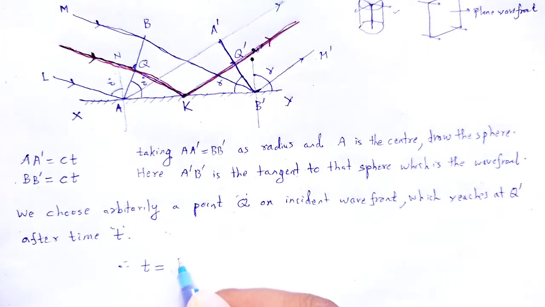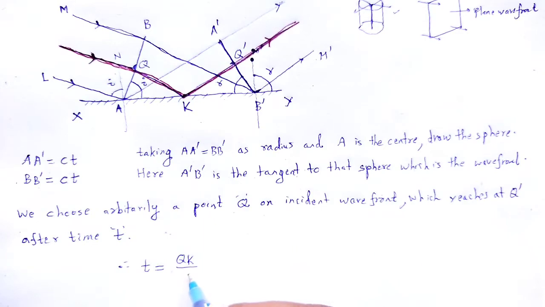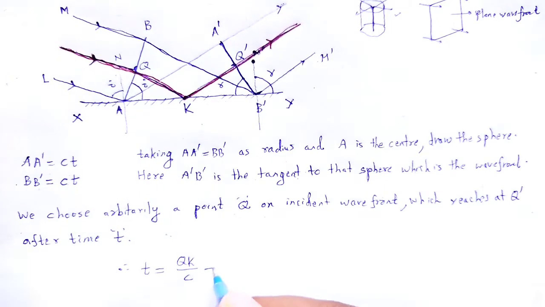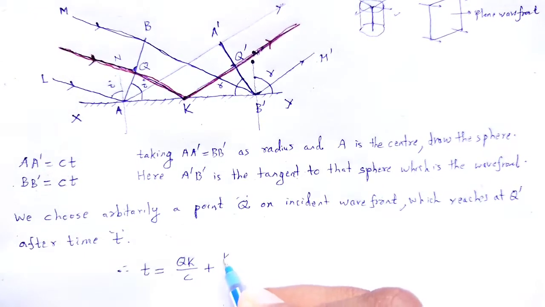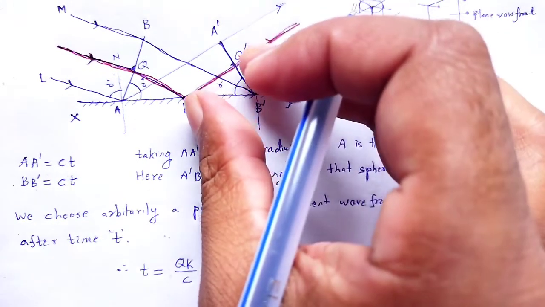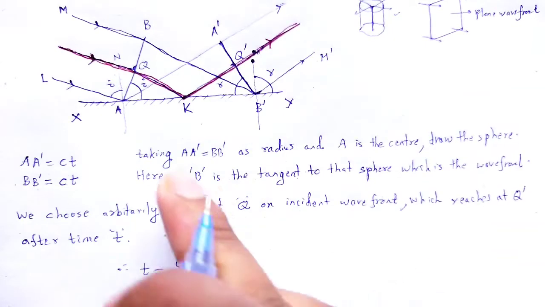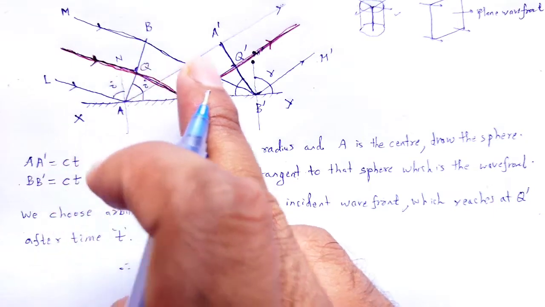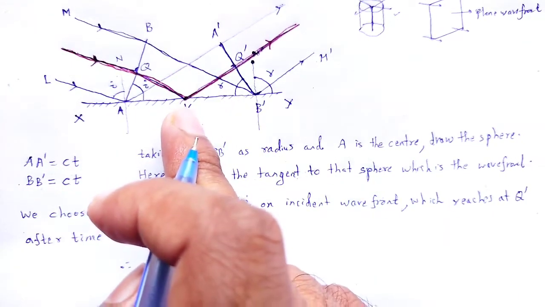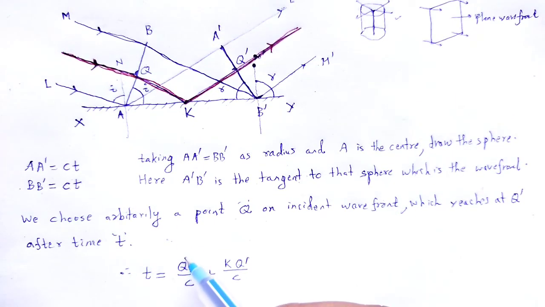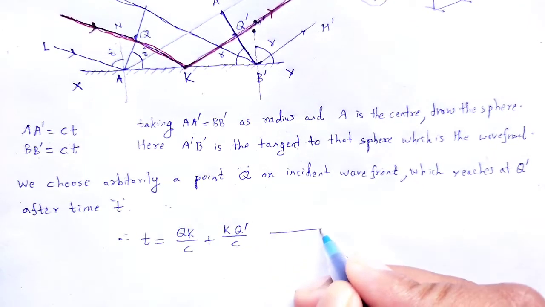So t equals QK divided by c, the time required to travel QK distance, plus KQ dash divided by c, the time required to travel KQ dash distance. This is the total time taken for the point Q to travel to Q dash through the point K. Now we have to find out the values of QK and KQ dash, taken as equation number 1.